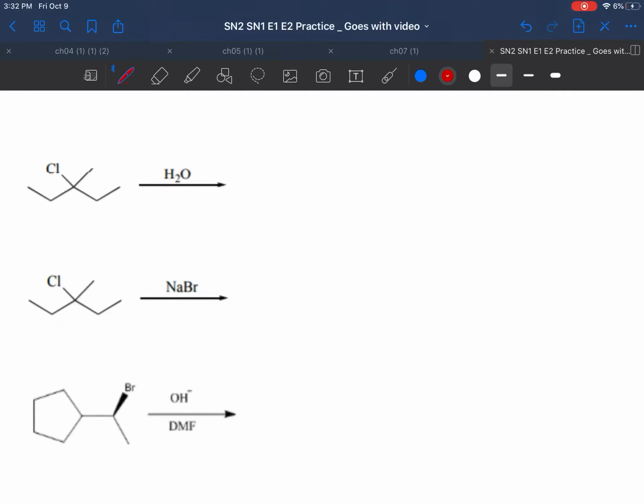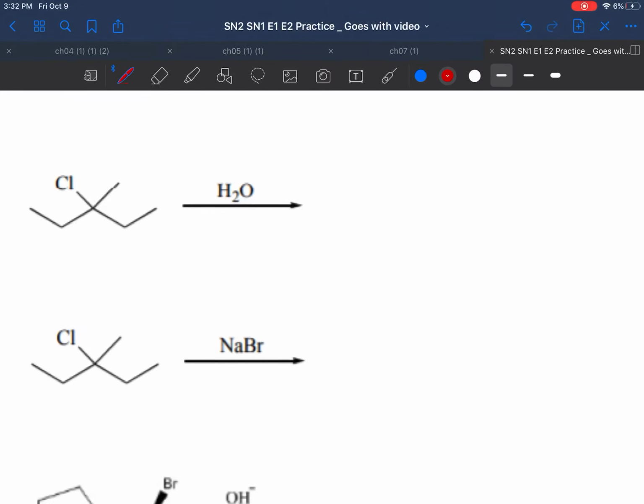So on this first example, we have a tertiary alkyl halide, and we have a weak base, weak nucleophile, right? We have water. Weak base, weak nucleophile with any kind of alkyl halide is going to give a combination of SN1 and E1.